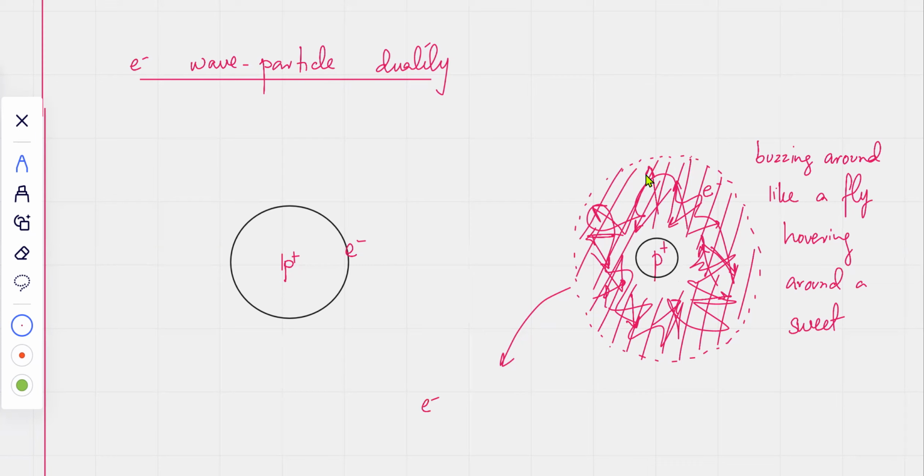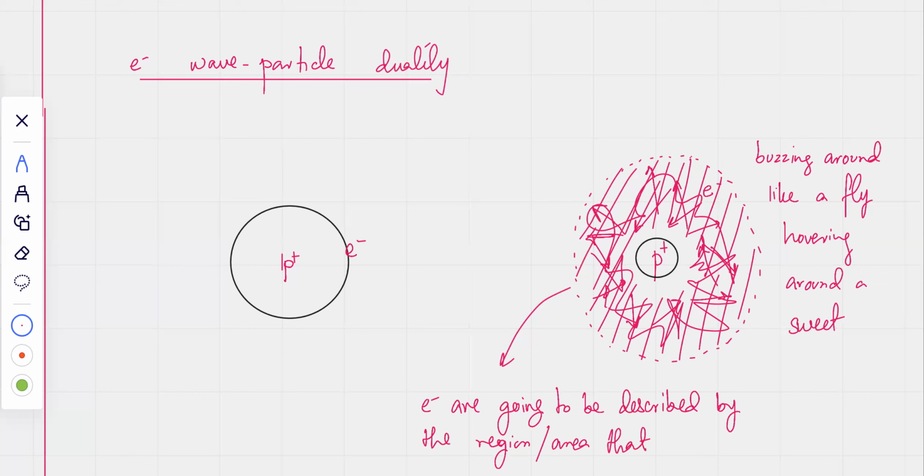So electrons from now on are going to be described by the region or area that they occupy around the nucleus while they're hovering around the nucleus.